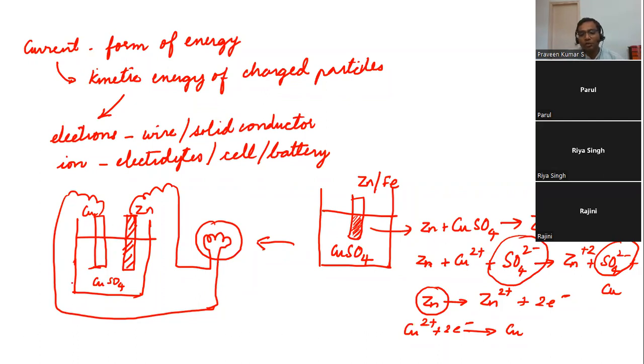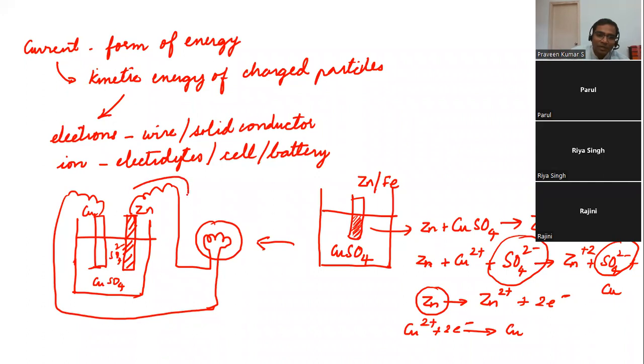Will they go through the solution? Remember that the solution has sulfate ions, SO4 2-. So there is already a concentration of negative ions there, right? So the electrons can't go through this.